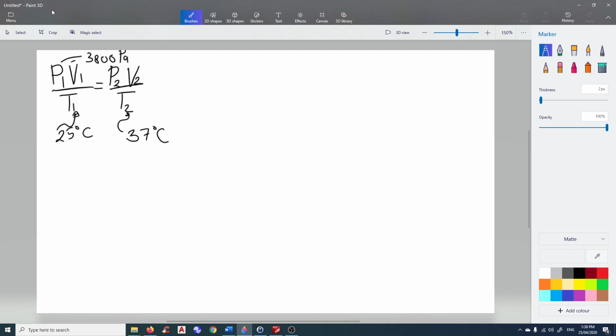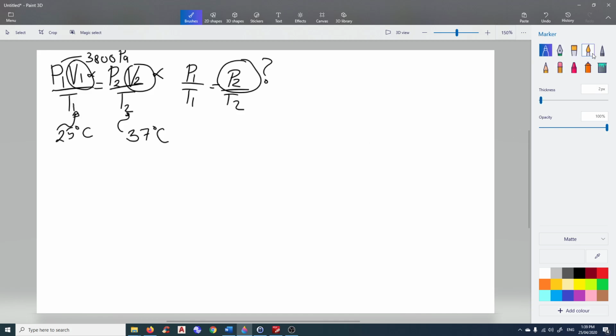The volume of the system is the same, so we can cancel them out. We can simplify this to P1 over T1 equals P2 over T2. Now we can predict what P2 is going to be at 37 degrees Celsius. It's very handy, isn't it? So rather than arguing with the subcontractor about why there is a fluctuation of the gas reading, you can work it out yourself. This formula was very handy when I did that project.